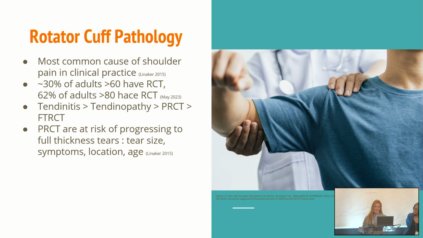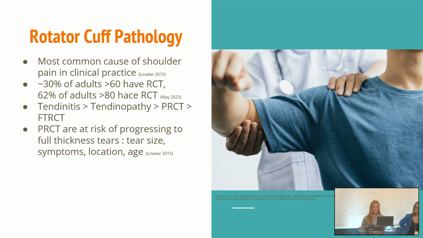Rotator cuff pathology is the most common cause of shoulder pain that we see in clinical practice. It's estimated about 30% of adult patients over the age of 60 have a rotator cuff tear, whether symptomatic or asymptomatic, and obviously that's going to rise with age. There's a whole spectrum of rotator cuff injury ranging from just tendinitis, from chronic repetitive overuse injury and inflammation, extending to actual tears, partial or full thickness tears.